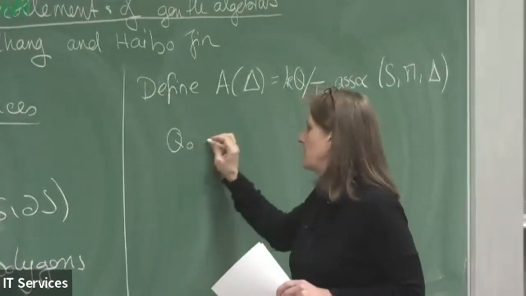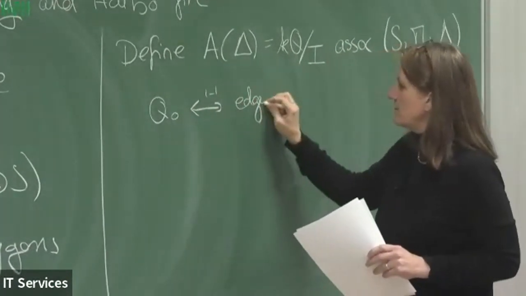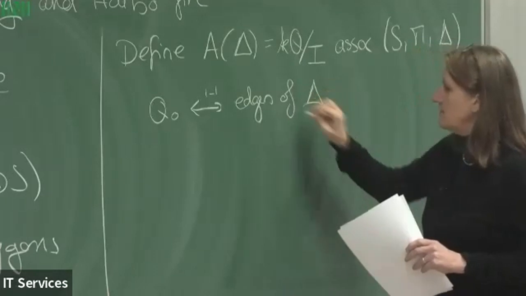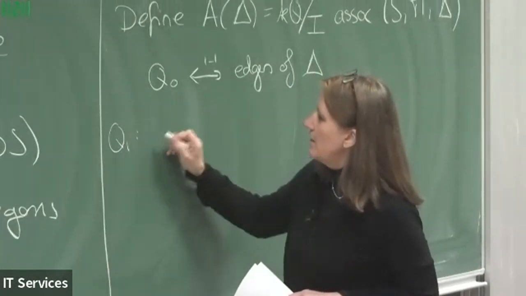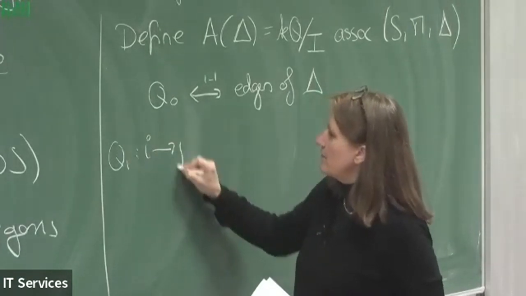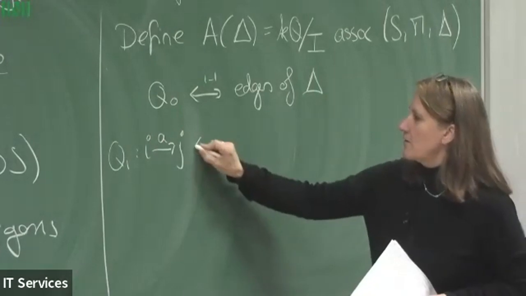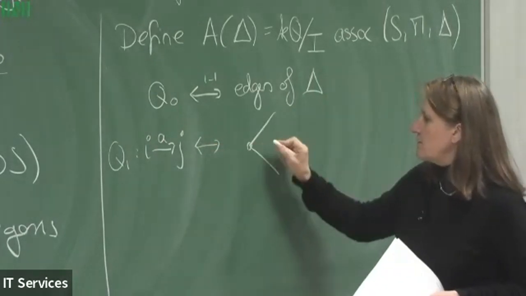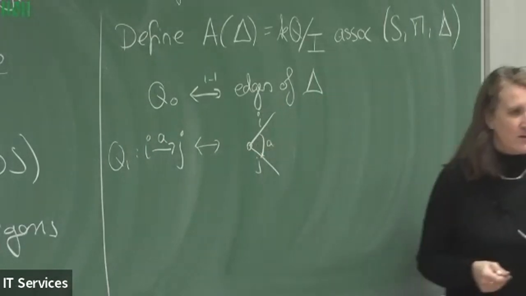The vertices are in bijection with the edges of Δ, and an arrow from a vertex i to a vertex j, let's call it a, corresponds, in the dissection, to two consecutive edges i, j that follow each other in the clockwise order.